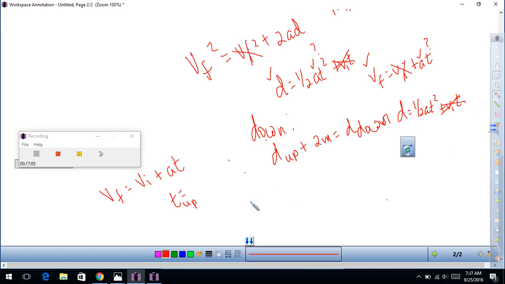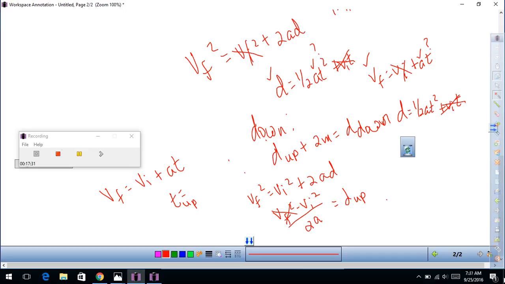Okay, so let's find the distance up. Well, we have vf squared equals vi squared plus 2ad. So we know that this will be vf squared minus vi squared over 2a. And that'll give us the distance that it went up. Okay, so we know that the VF is going to go to 0. VI was 25. So I would say 25 squared divided by 2 divided by 9.8.